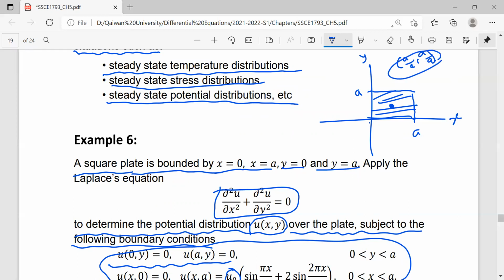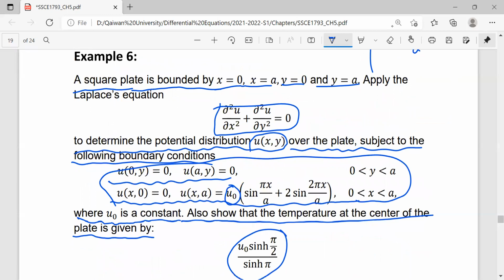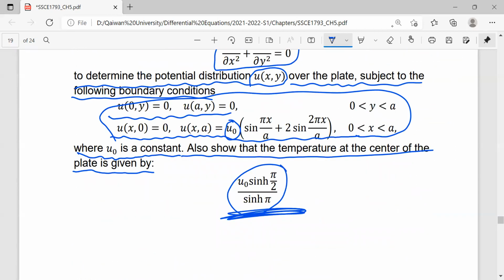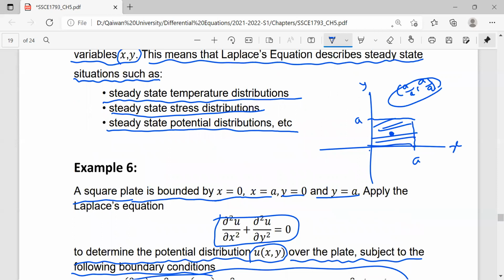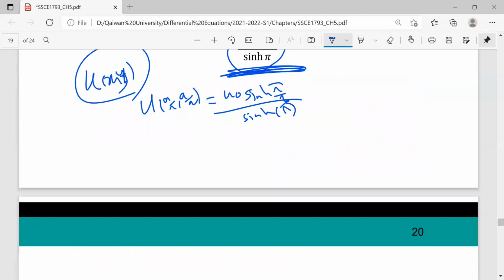After finding u of xy, we replace x by a over 2 and y by a over 2, and we get this result directly. So u of a over 2, a over 2, which is the center of the plate, is u naught sine hyperbolic of pi over 2 divided by sine hyperbolic of pi.